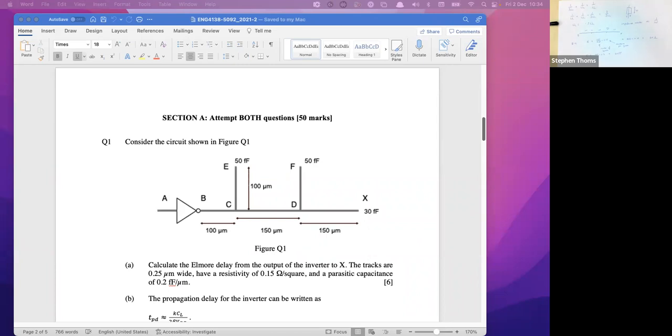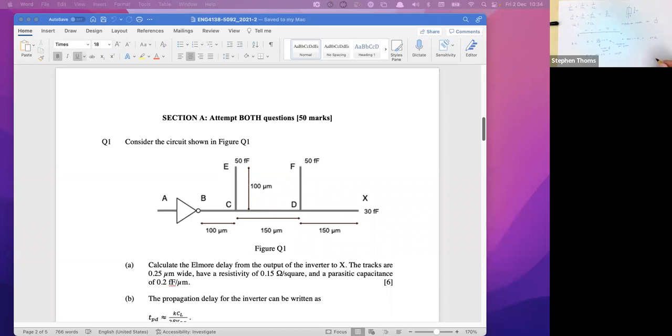In this particular example, you're not given that information. Possibly it's all in the same layer. It's not a problem, so you don't need to consider that. So what you do need to consider is the capacitance and resistance of each of the sections. So we've done that for the first section.